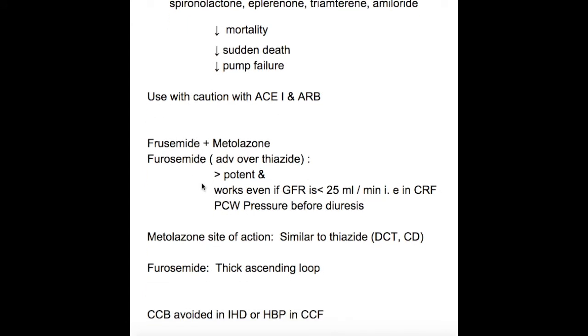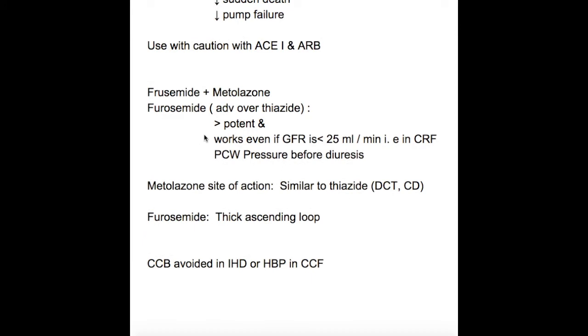Okay, what diuretics are used? The two diuretics used in heart failure are furosemide and metolazone. What is metolazone? It is not a thiazide, but it acts at the distal convoluted tubule site where thiazide diuretics act. What is the advantage of furosemide over the thiazide? Furosemide is a more potent diuretic, and it works even if the GFR is less than 25 milliliters per minute.